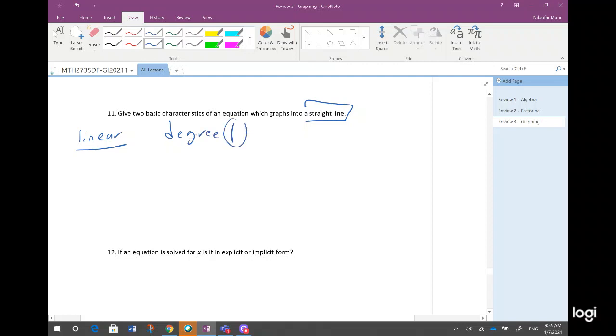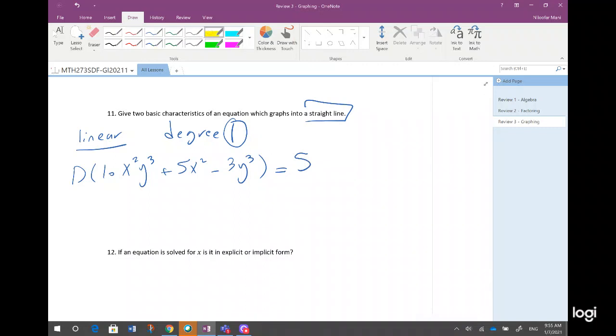What does that mean? y power 1, x power 1. And I don't see y power more than 1. I don't see x power more than 1. I don't see x and y in multiplication. What is degree? For example, the degree of 10x squared y cubed plus 5x squared minus 3y cubed is 5.